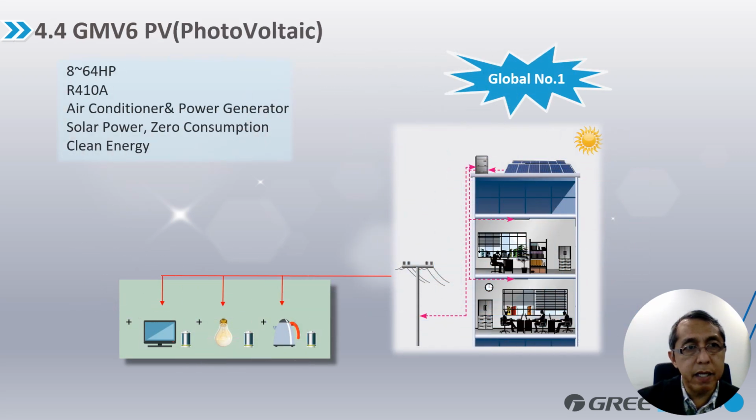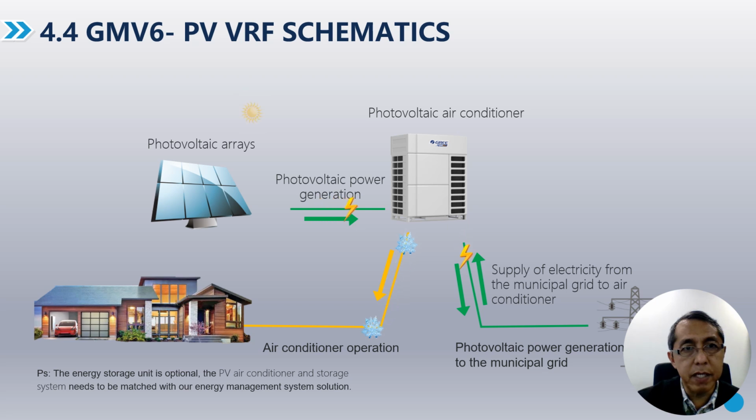GMB6 photovoltaic, the capacity ranges from 8 to 64 HP. If you see the schematics, the GMB6 PBBRF can run on both utility grid and from photovoltaic arrays.